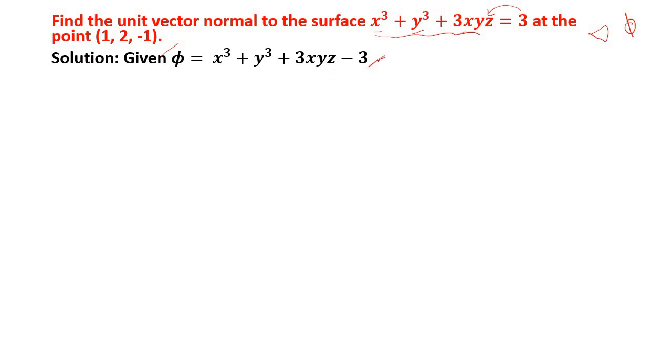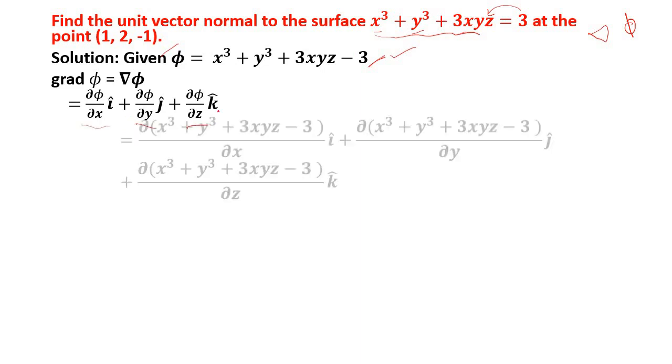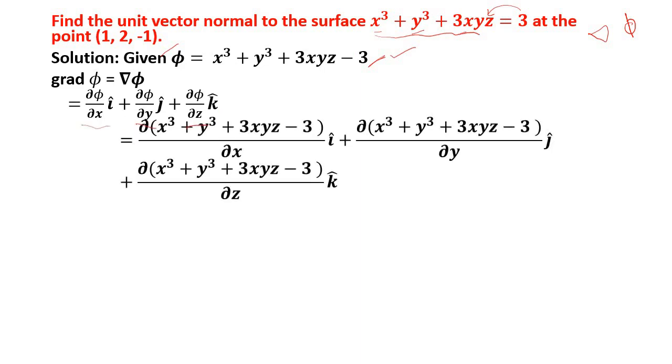First I want to find the gradient of this, similar to the previous problem. So consider the gradient of the scalar, which means differentiate this with respect to x, y, z separately, partially. I replace phi by the given surface.